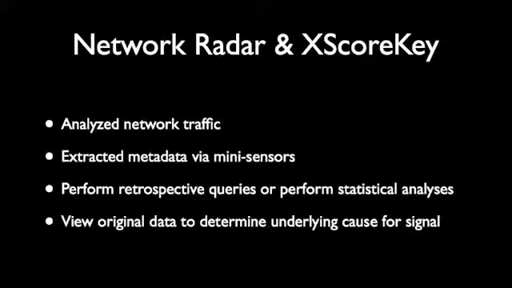Almost 20 years after starting on Network Radar, I still believe that that strategy is the correct one for detecting and analyzing advanced and subtle threats where the evidence for the threat is spread across space and time. Thank you.